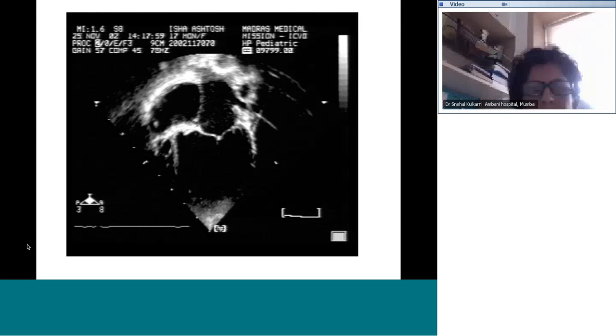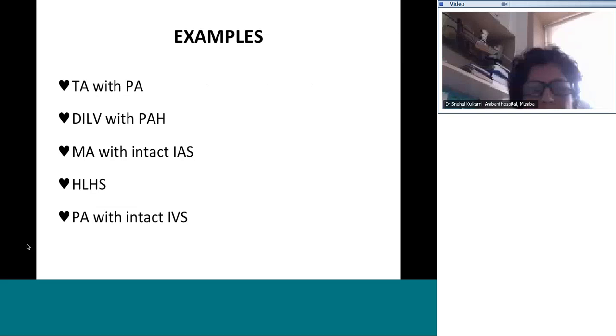And in some of the patients, in addition to pulmonary artery banding, they have to have some additional procedures. I'll give an example of mitral atresia, with a very restrictive ASD or nearly intact interatrial septum, with severe excessive pulmonary blood flow and pulmonary artery hypertension.